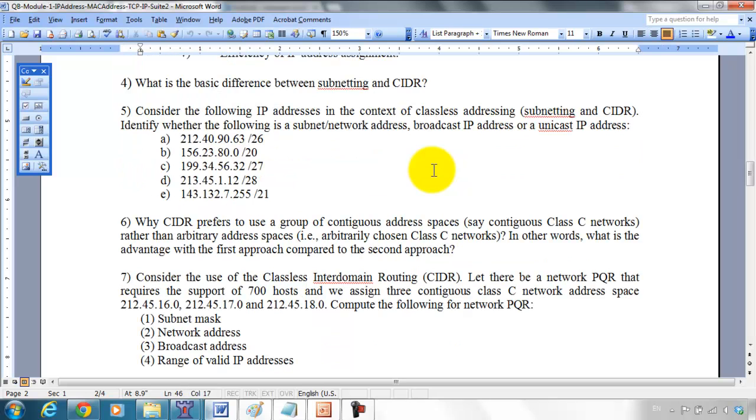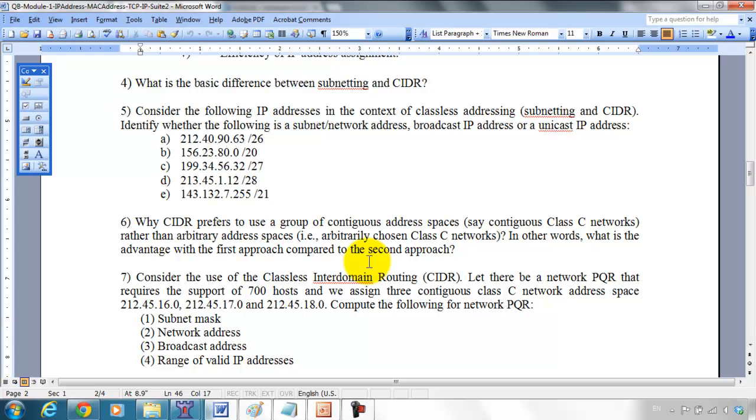Whereas with CIDR, we want to support only one network, like a network with 700 hosts, but we cannot do that with, say, one single class C address space. So we'll try to use multiple class C address spaces, okay, and aggregate them into one single network address. For this purpose, we cannot use any randomly chosen class C address spaces.